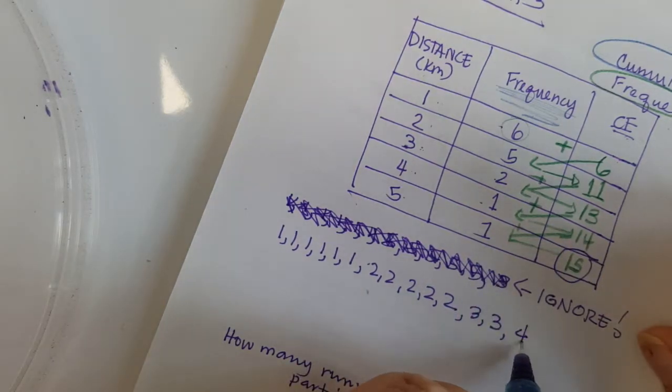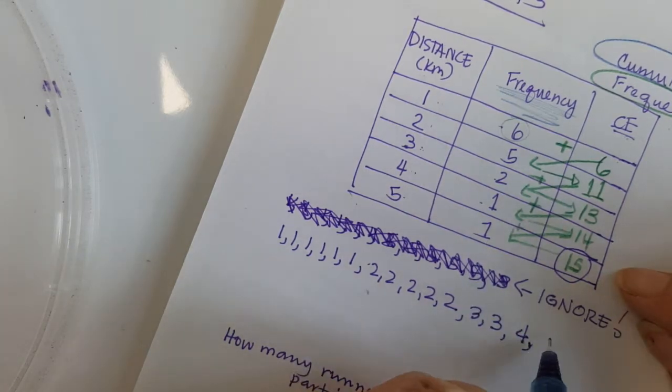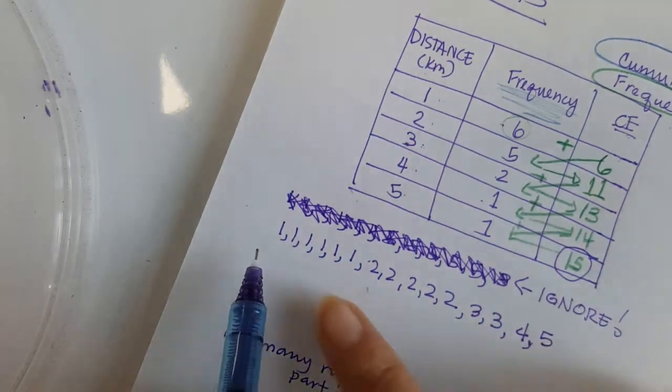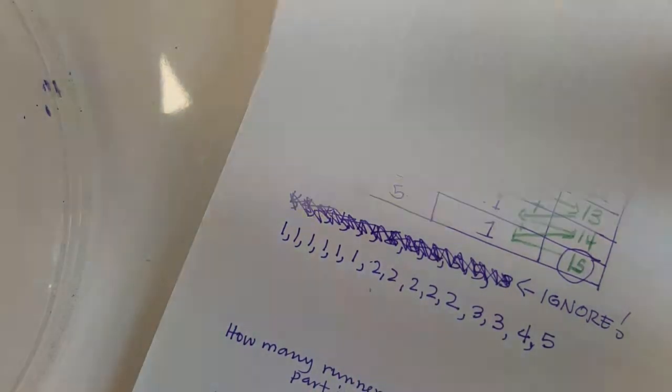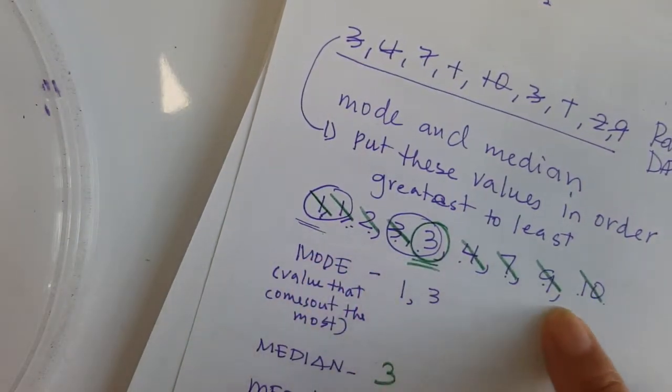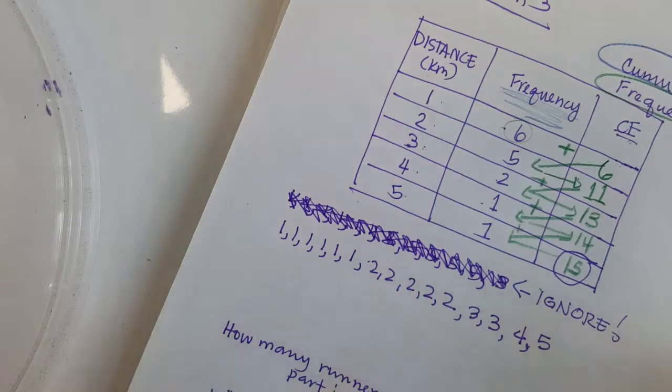So it comes out once. How many runners ran 5 kilometers? Again, 1. So it comes out once. So there you have your array of values in order of least to greatest. Remember, we put everything in order from least to greatest, and then we look for the middle value.